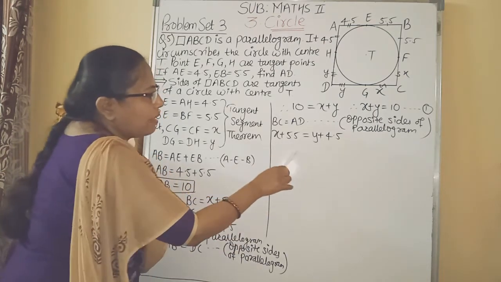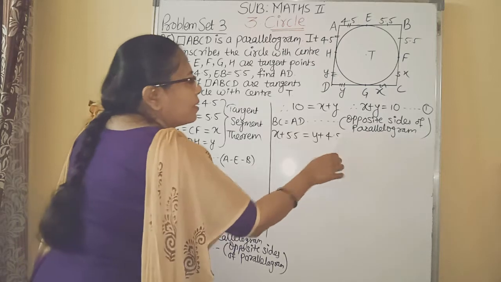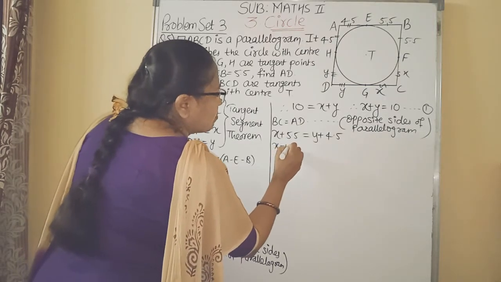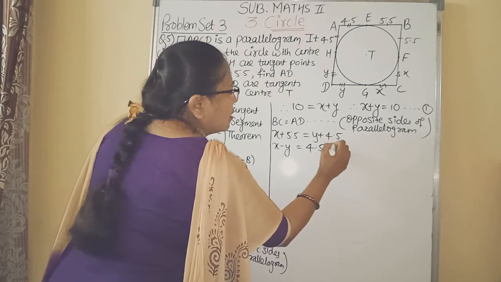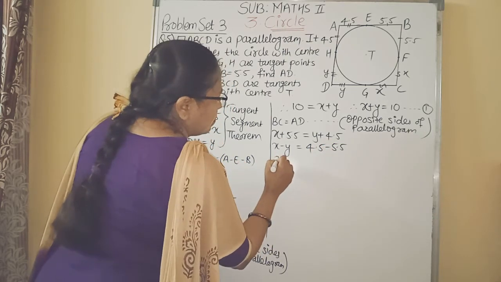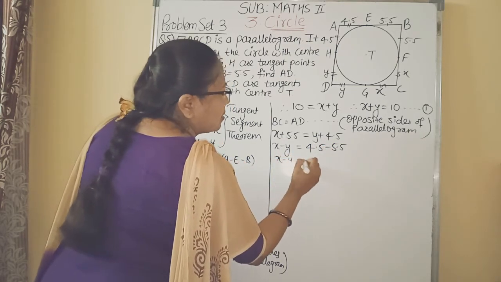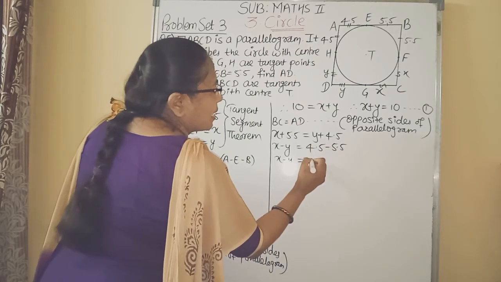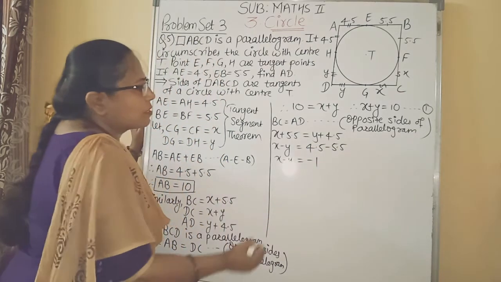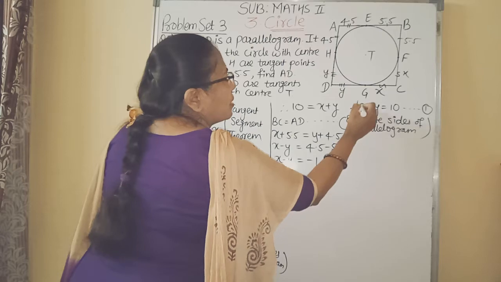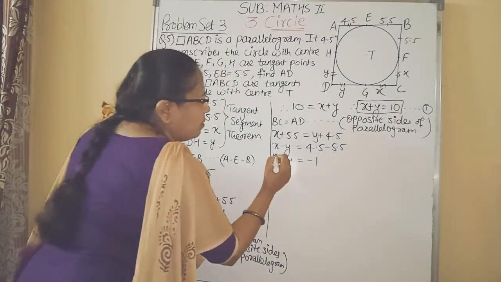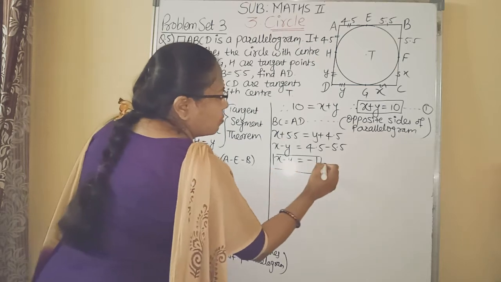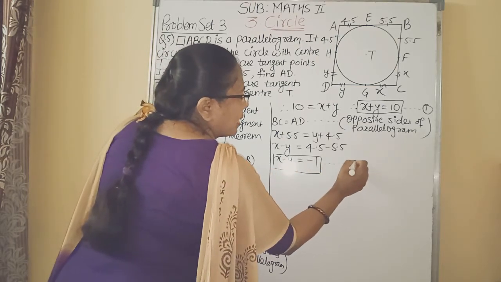So take y on the left side, 5.5 on the right side. x minus y is equal to 4.5 minus 5.5, so x minus y is equal to minus 1. So x plus y equal to 10 is our first equation, and x minus y equal to minus 1 is our second equation.